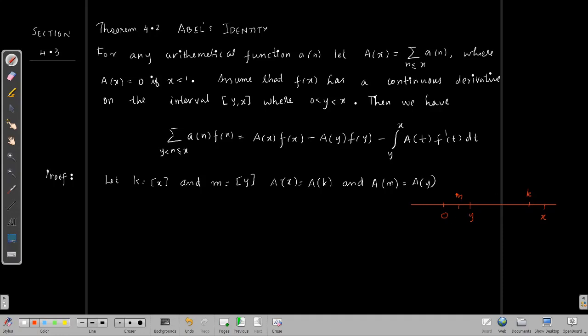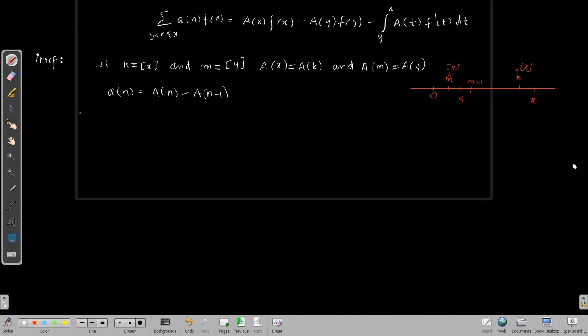We know that there is no integer between these two. So A of k is the same as capital A of x, and capital A of m is also the same as capital A of y. This is our present situation.